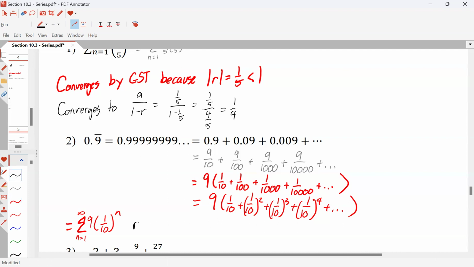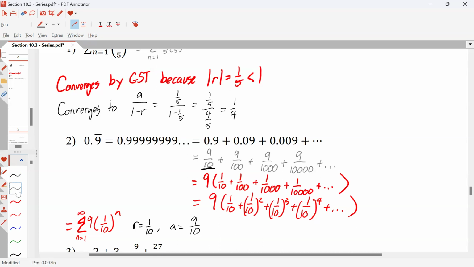We already identified R equals 1/10. A equals the first term of this. So we could either plug 1 in and see 9 times 1/10 is 9/10, or we already had the first term of our sequence in our series. That is 9/10.